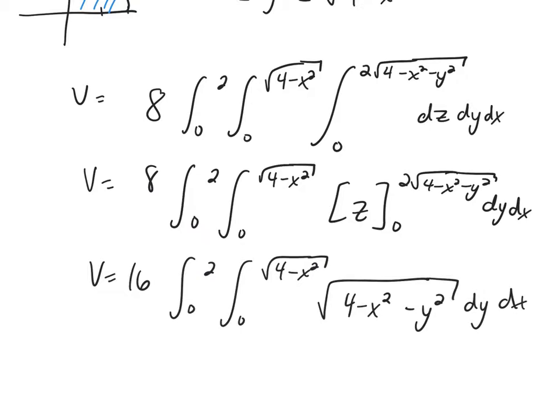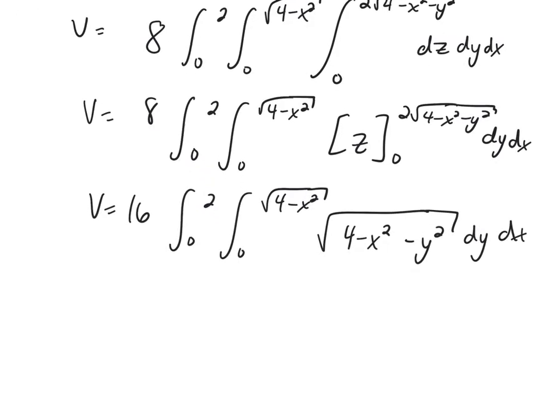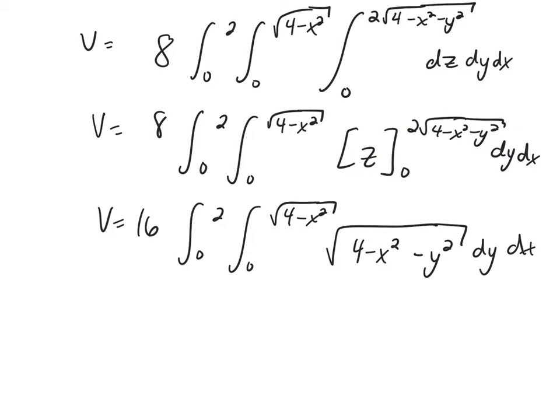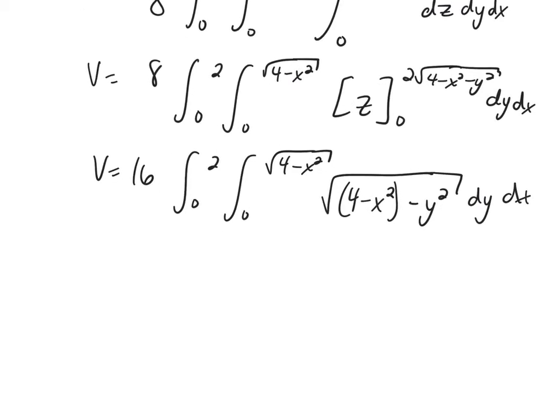Now, here I'm integrating with respect to y, so this 4 minus x squared is essentially a constant, and so now you're going to have to use, unfortunately the only way to do this I think is to use trig substitution here.